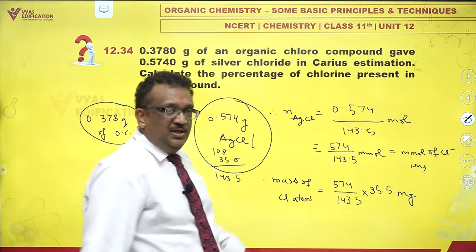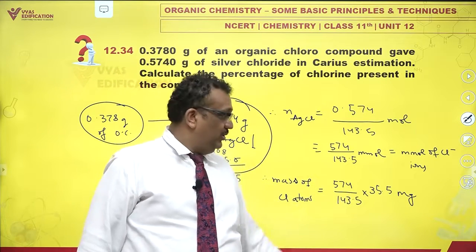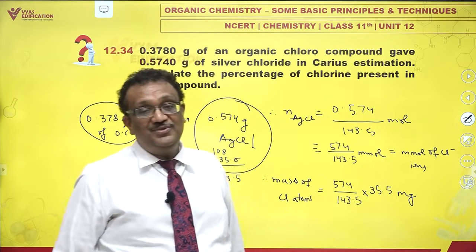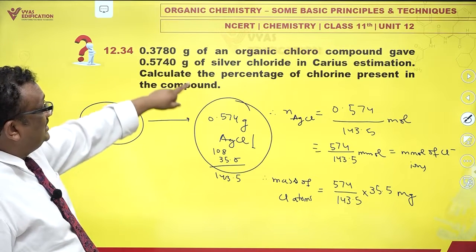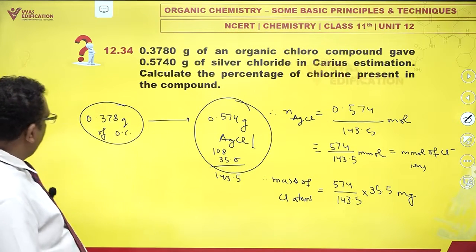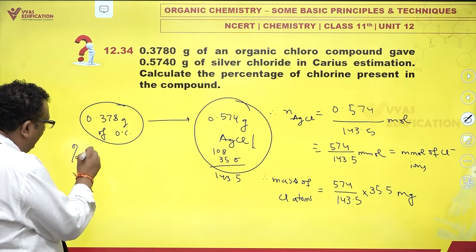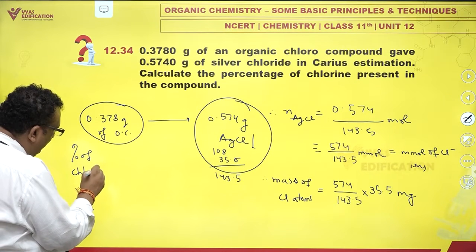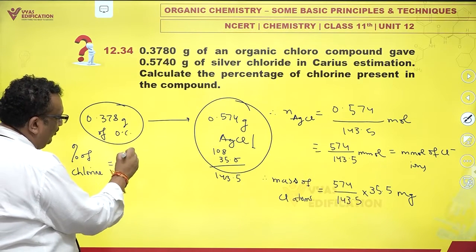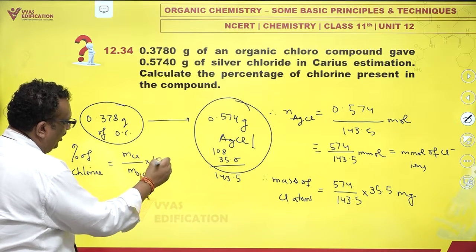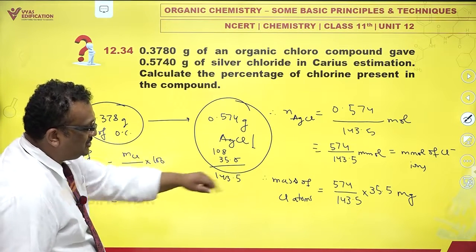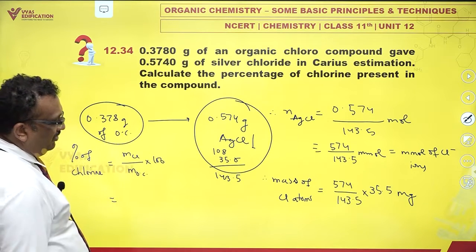There were millimoles, multiply them by atomic mass, so you get mass of chlorine atoms. Fine. And we needed percentage of chlorine. So percentage of chlorine is mass of chlorine by mass of organic compound into 100. Now mass of chlorine is how much? That dirty number. It is in milligrams.